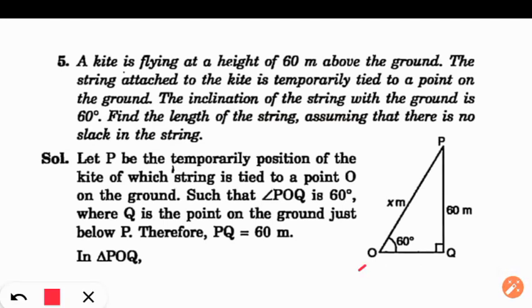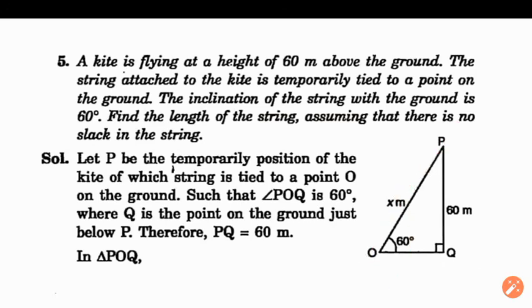So see, this is the string, point O is the point where the string is temporarily tied on the ground. P is the temporary position of the kite, of which the string is tied to the point O on the ground, such that angle POQ is 60 degrees.